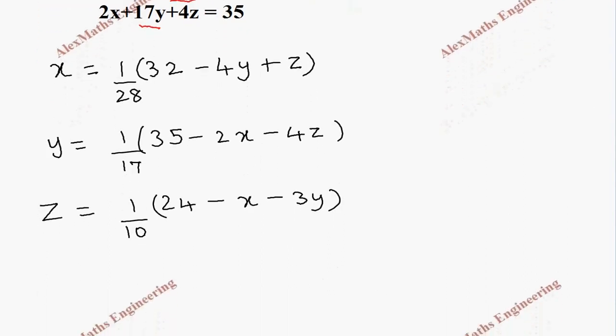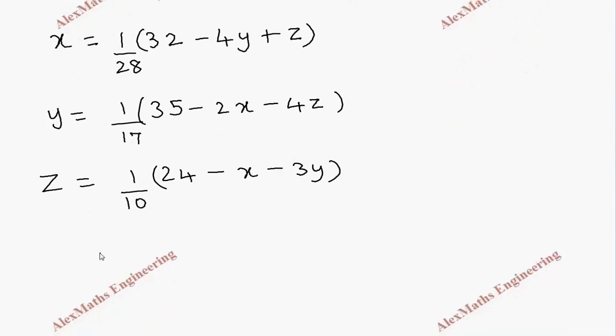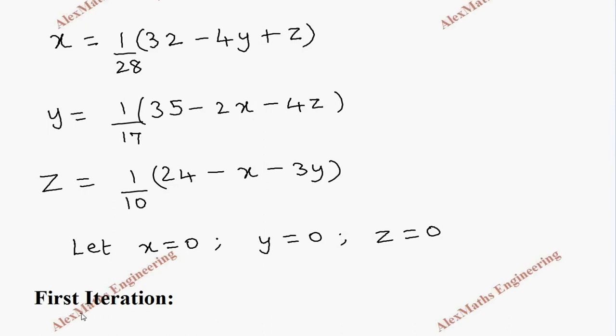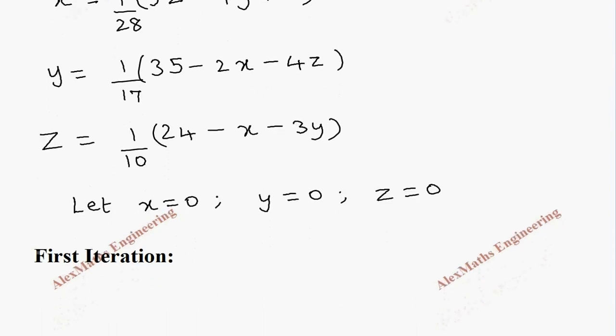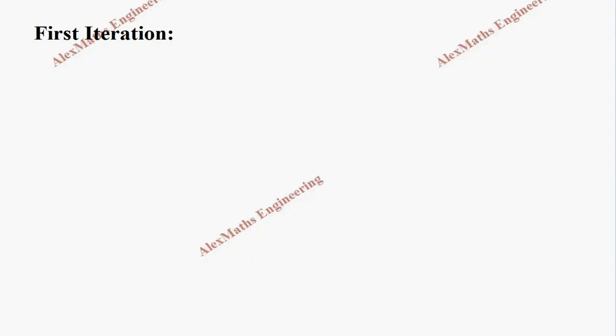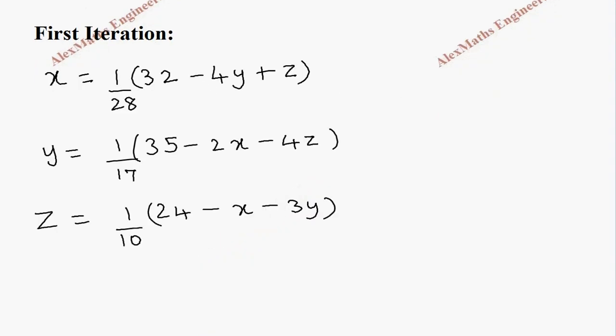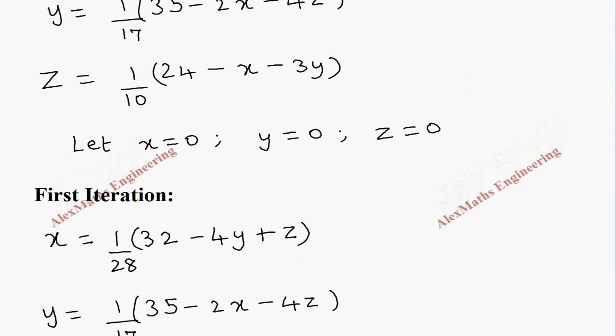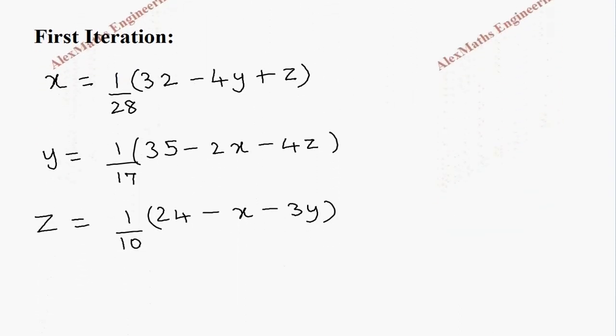Now initially we are going to take the solution as 0 for everything. Let x equal to 0, y equal to 0 and z equal to 0. We are going to start the first iteration. So we have to copy this whole equation once again, and we are going to use the solution x equal to 0, y equal to 0, z equal to 0.